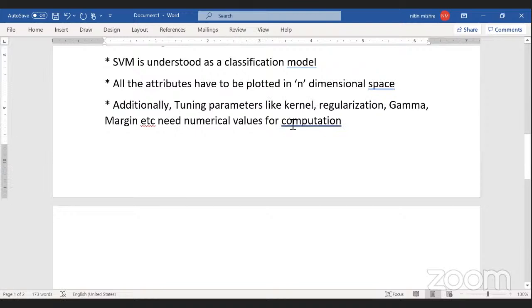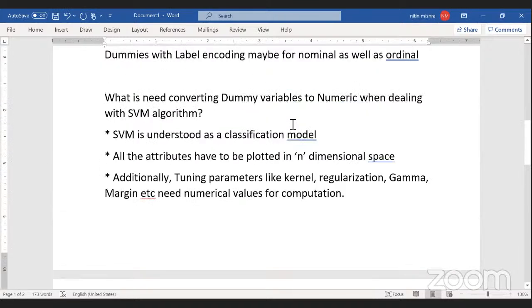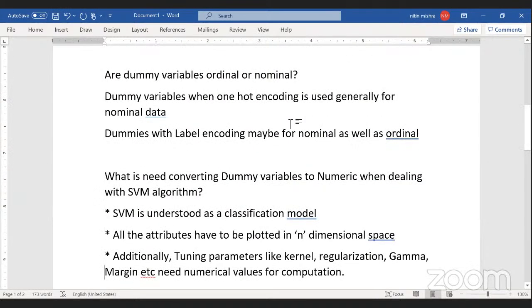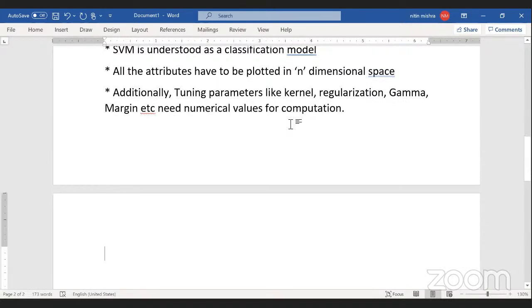So therefore, we need to have all the values in numerical entities. All right. So that is the need for converting the categorical data into numerical format.